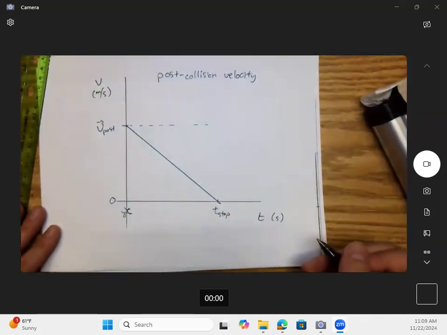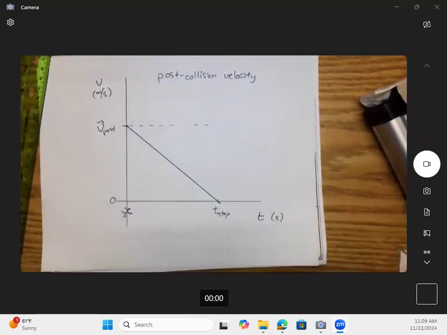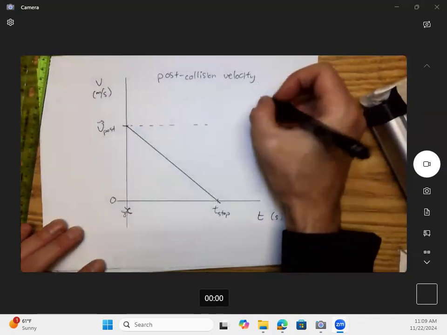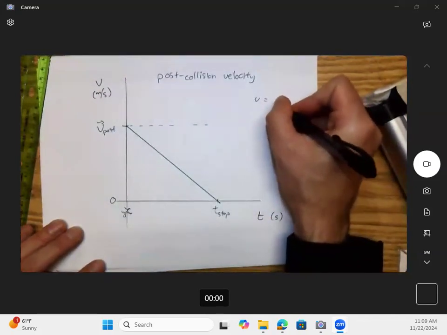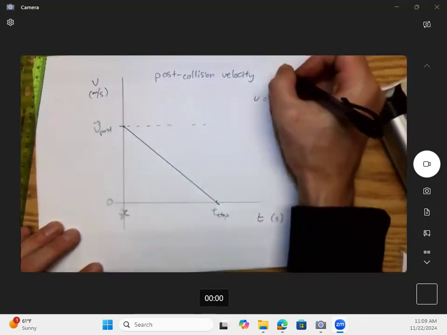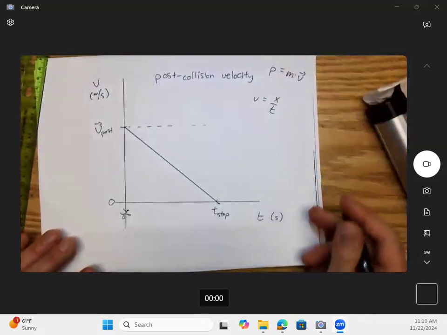Now, if you use the stopping time in conjunction with the stopping distance, you guys know speed is distance over time, so you could use that. And you know momentum is mass times velocity, so you can plug it in there and get the momentum.